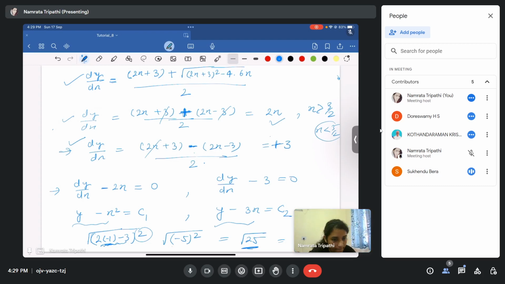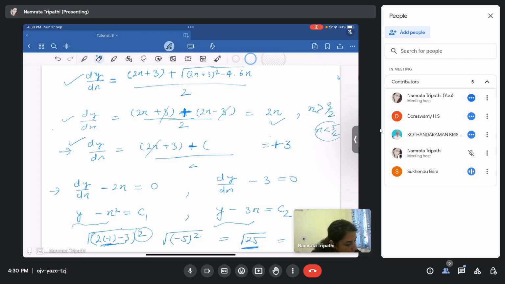For x less than 3 by 2, it will be minus 2x plus 3, I think. No, ma'am, only 3. For x less than 3 by 2, in the first case, it should be only 3. For the first case, is it correct now?